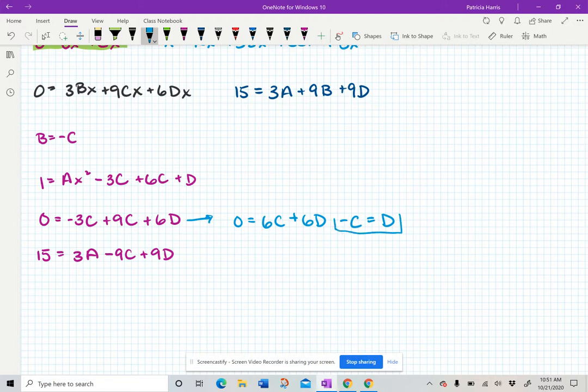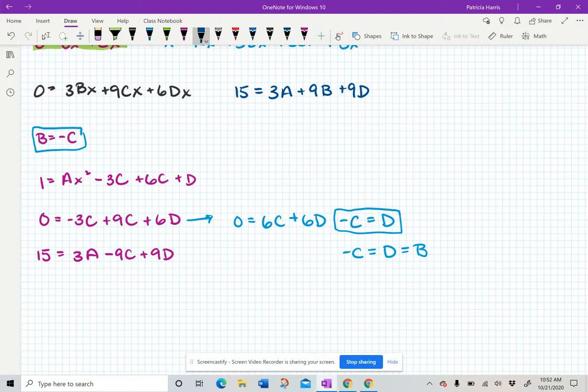So if I look at this, and I look at this, so that tells me that negative c is equal to d, which is equal to b. So now all of my d's can be replaced with a negative c. Okay, so let's see where that takes us.